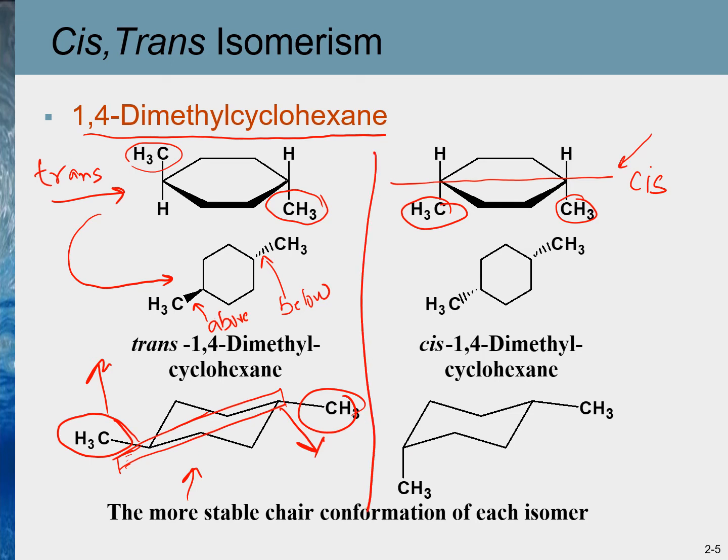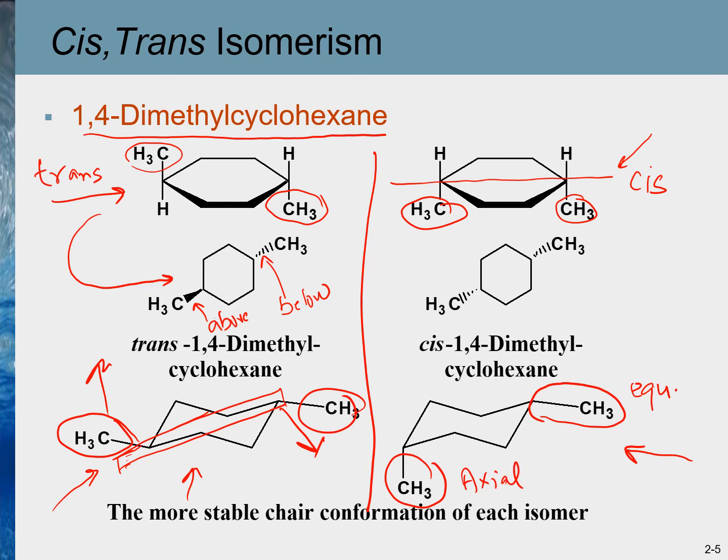One thing to note here is that in case of trans isomers, both of these methyl groups occupy equatorial position. That's the more stable orientation. In case of cis, this methyl group is equatorial. However, the other one is axial.